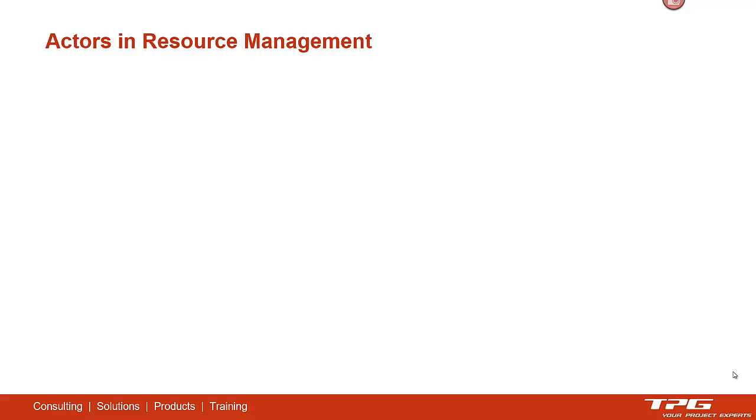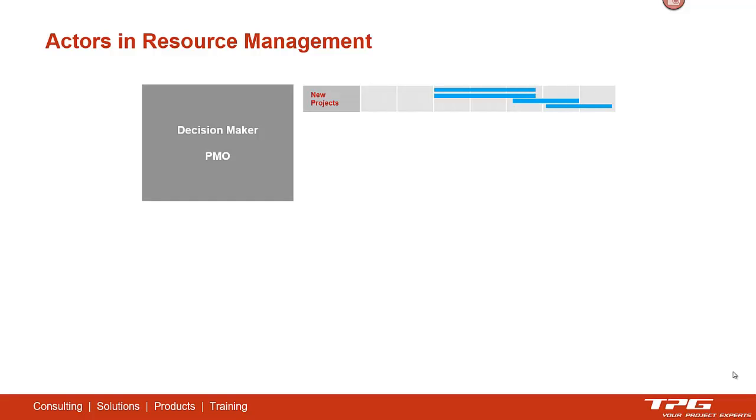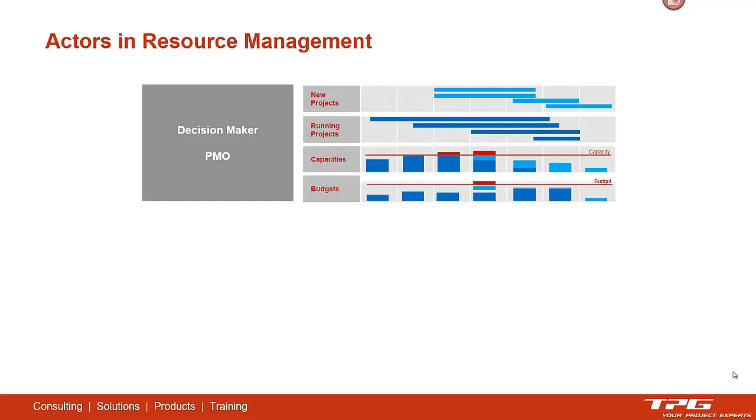Okay, let's come to the actors in resource management. On the top we have decision makers, which can come from the PMO, and these decision makers are mainly interested in a rough overview over running projects and new projects, which have to be controlled against capacities of resources and budgets given by the company itself.